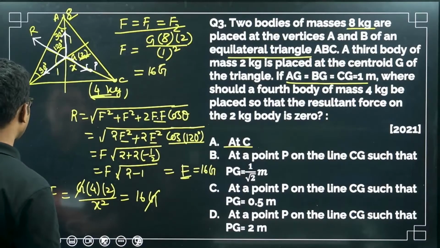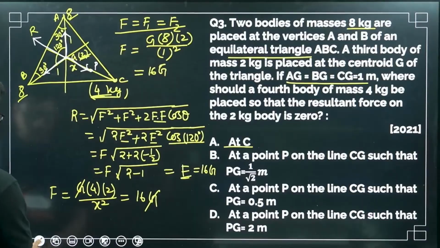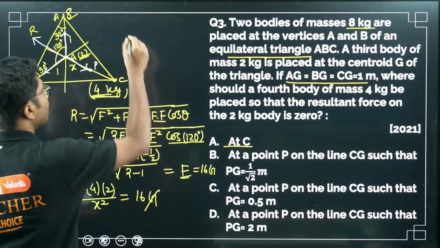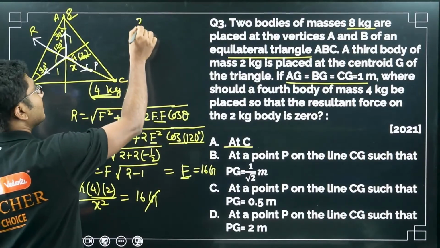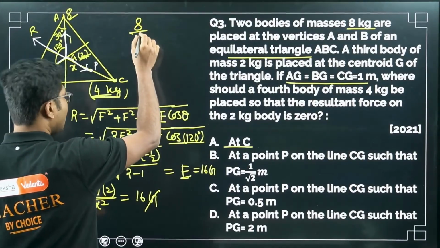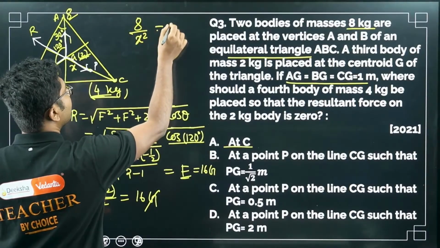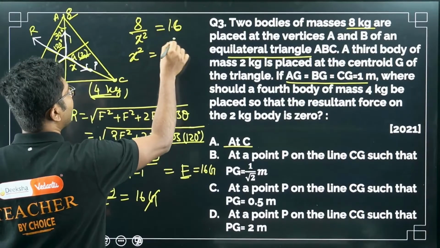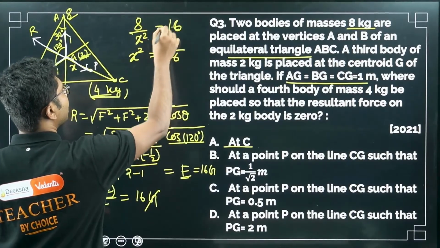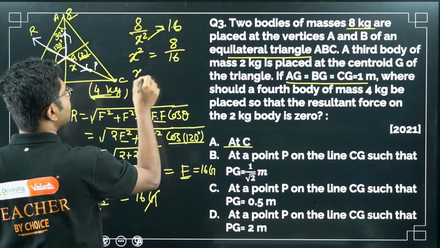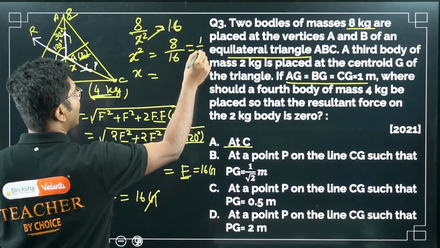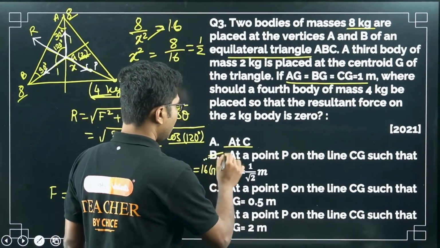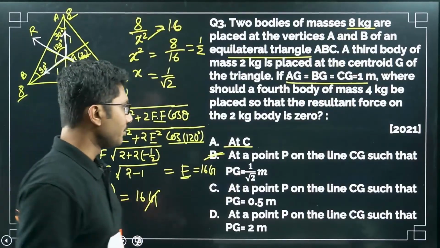So 2 4s are 8, 8 divided by x square equals 16, or x square equals 8 by 16, cross multiplication, right? So x square equals half, so x equals 1 by root 2. So it will be at a point PG equals 1 by root 2 meter.